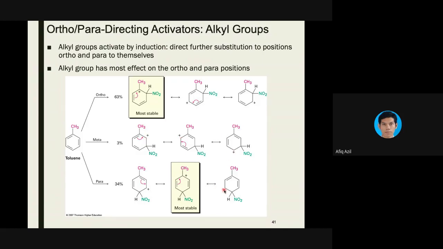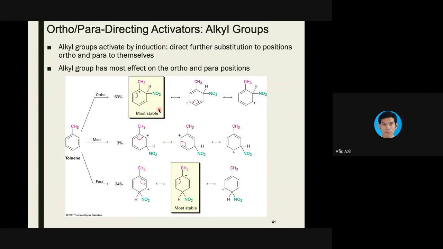Same as well for the other structures that are available in ortho and para positions. So that's why, if you have alkyl groups bonded to the benzene ring, it will direct the new substituents either to the ortho or para position, due to the most stable carbocation, or the arenium ion form.